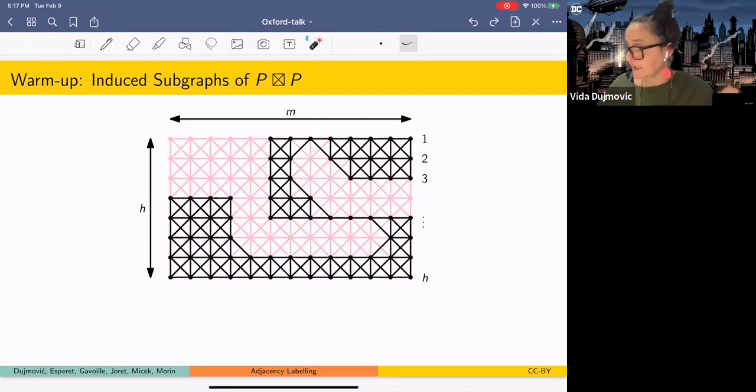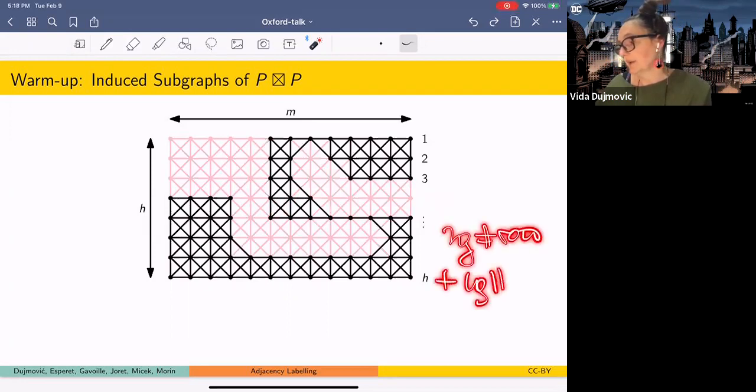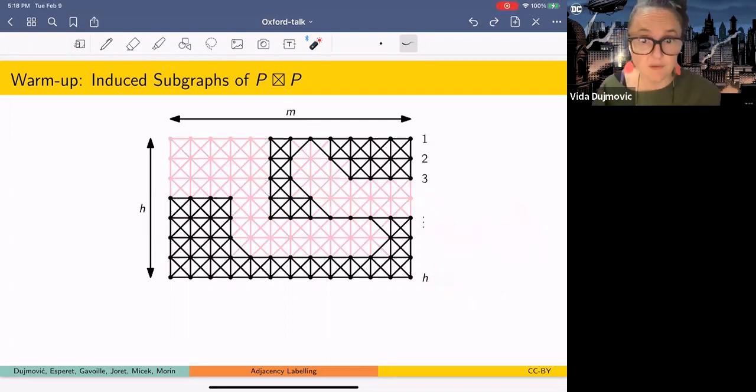But that would be log of the number of rows plus log of the number of columns. Both can be n or close to n or n over 2, so we end up with 2 log n with that type of scheme, and we don't even beat the other one.